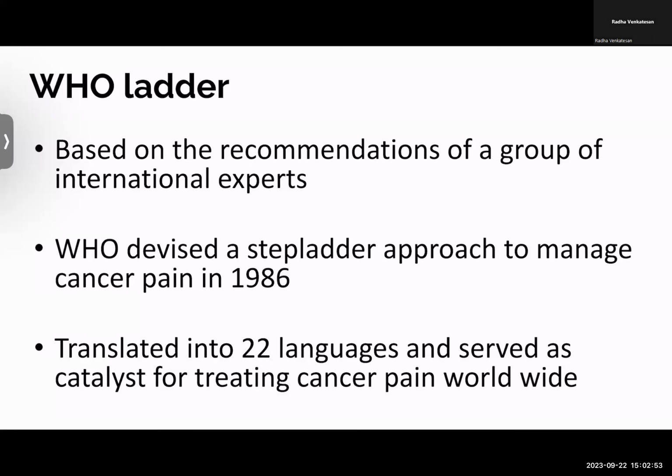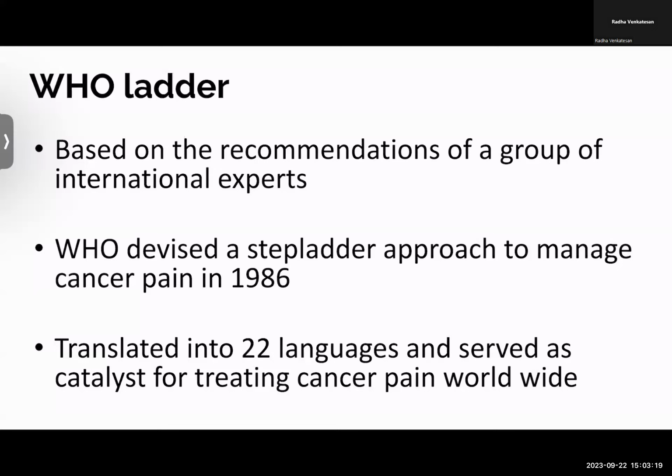And how are we going to manage it? For that, we have something called the WHO ladder. Why are we using it? What's the significance of it? That is what we will see initially, and then we will go into the management also.